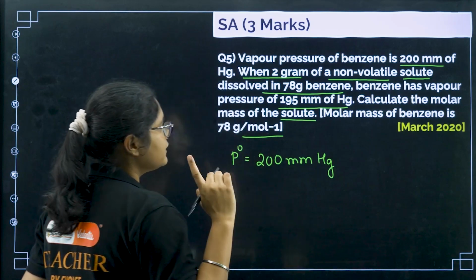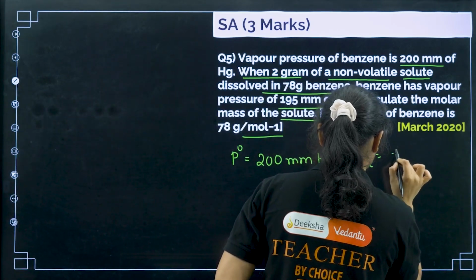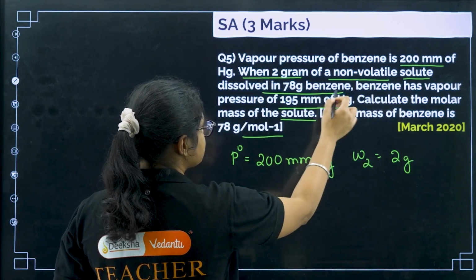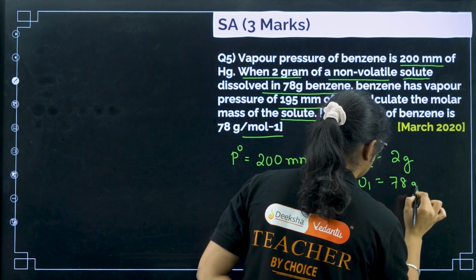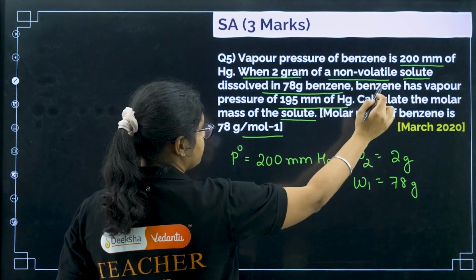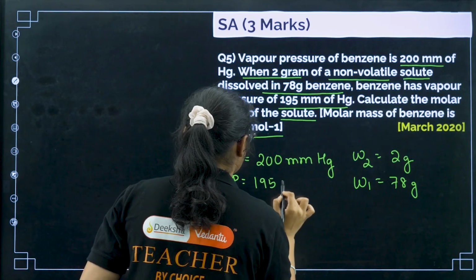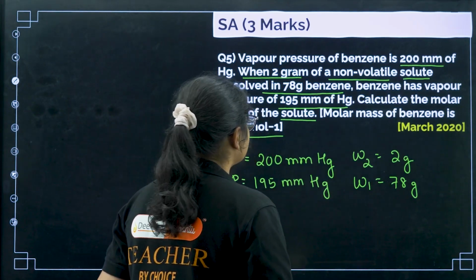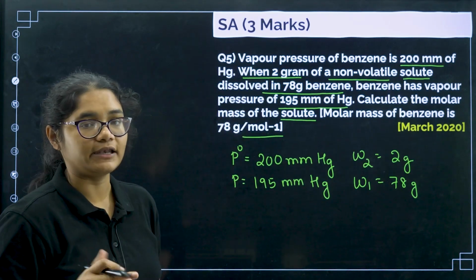W2 is 2 gram, W1 is 78 gram, and the new vapor pressure is 195 mm Hg. The molar mass of benzene is already 78 gram per mole.